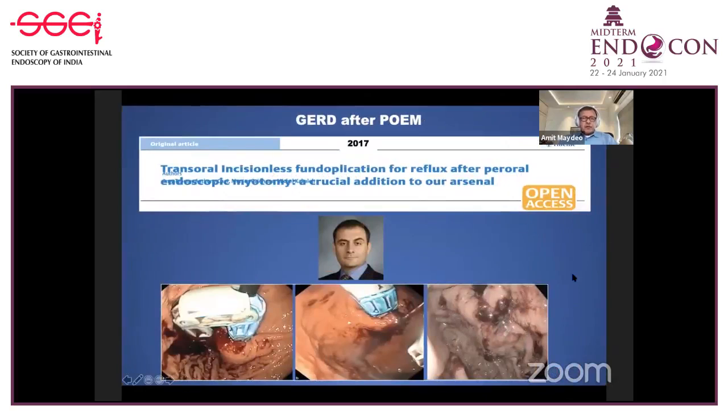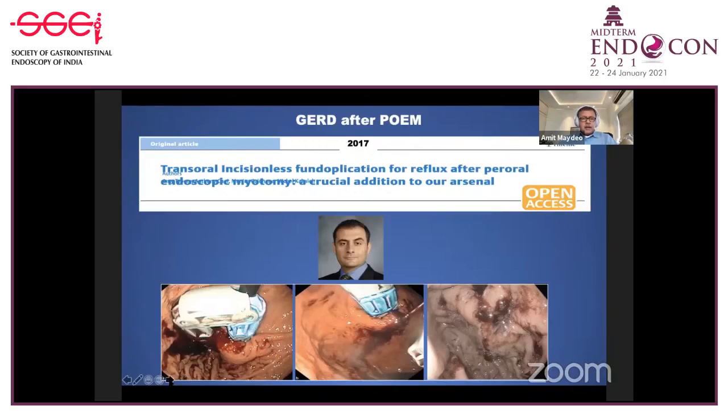Keeping that in mind, it was in 2017 itself that Michel Kahaleh came up with this new technique, new idea, that in those patients who did develop reflux after POEM, he added a transoral incisionless fundoplication, and he published this paper, you see here, in 2017. And this probably was going to be an answer for these patients who presented with GERD after the POEM procedure.